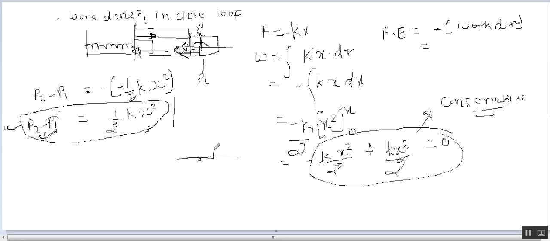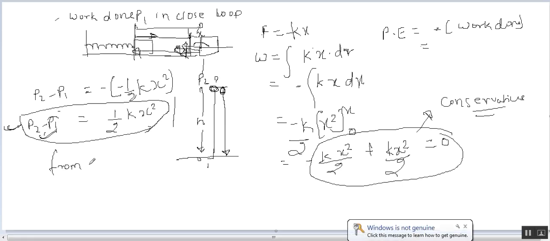The ball reaches this point, and then it comes back. Let's suppose this height is h, this position is 1 and this is 2. From 1 to 2, what is the work done?